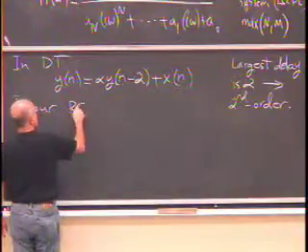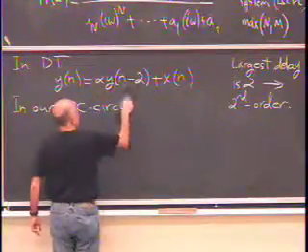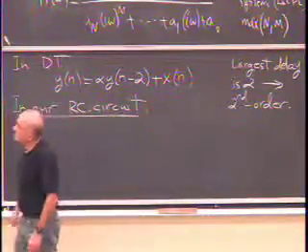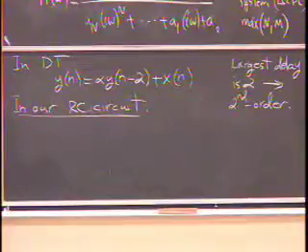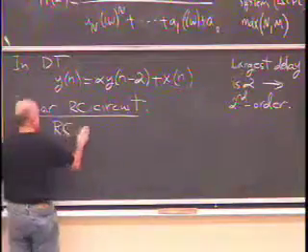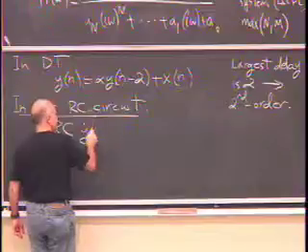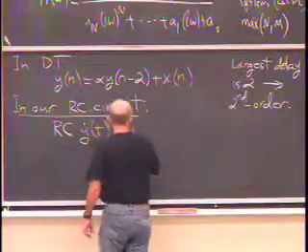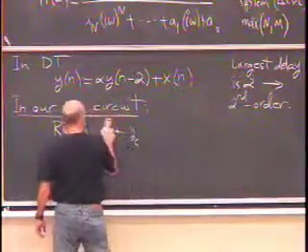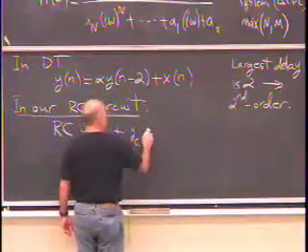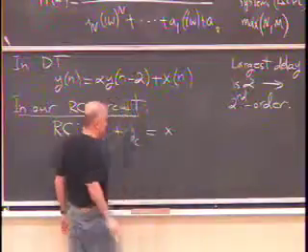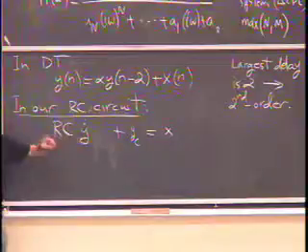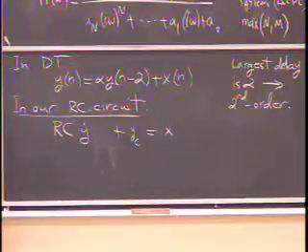In our RC circuit, you have RC y dot plus y(t) equals x(t). The highest derivative belongs to the y in this case, and it's 1. And we're claiming that this is a first order system.